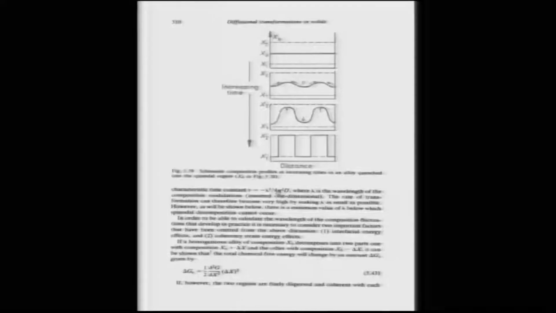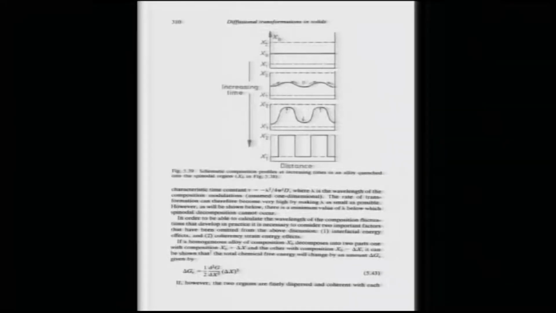The wavelength of fluctuations is basically related to the characteristic time constant of the transformation, which is given by minus lambda square by 4 pi square D, and I told you in the last lecture also that the interdiffusion coefficient D within the chemical spinodal is negative. That is what is the meaning of the uphill diffusion basically.